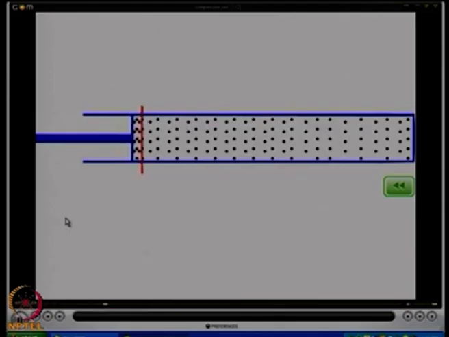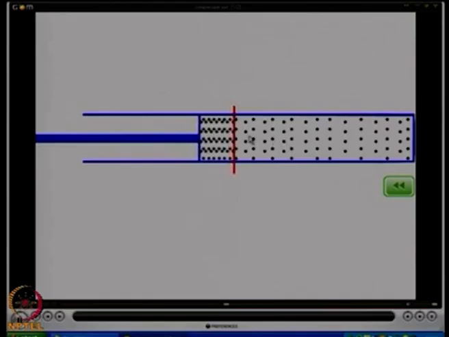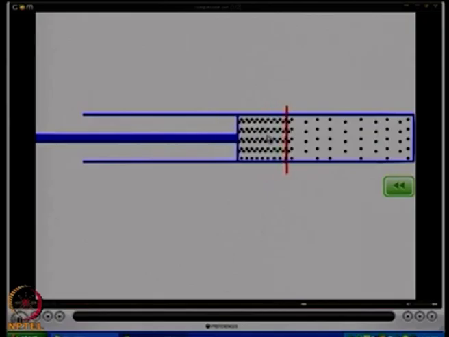Basically, if I have a piston that is moving in a duct and the gas initially was stationary, then this piston causes a set of compression waves to come together to form a shock, and the moving shock is going to move at such a speed and strength P2 by P1 such that it will cause this gas to get compressed and move with the same velocity as that of the piston. This we have already seen.